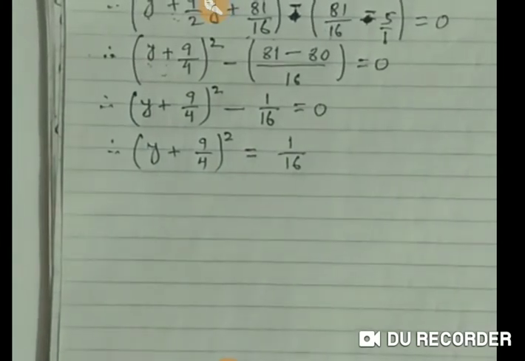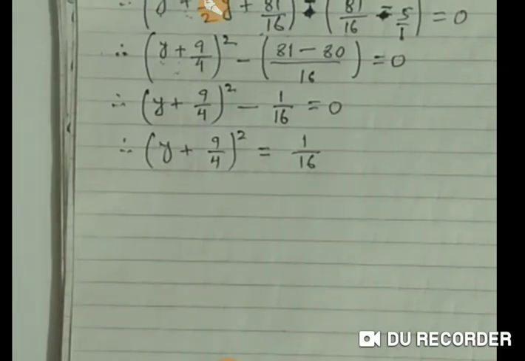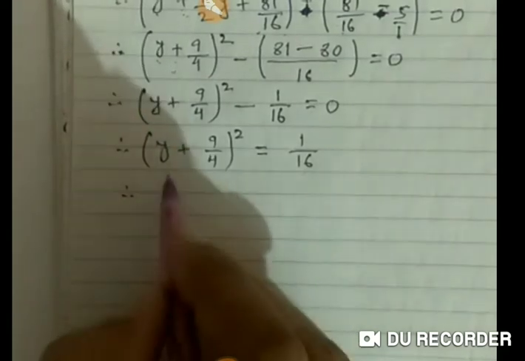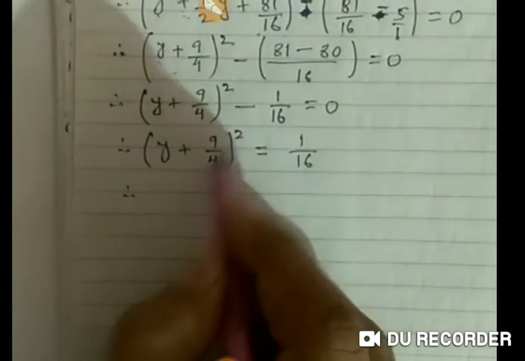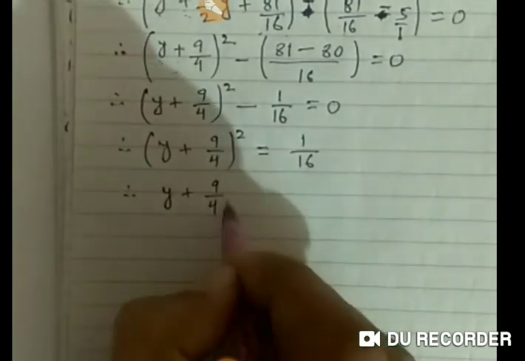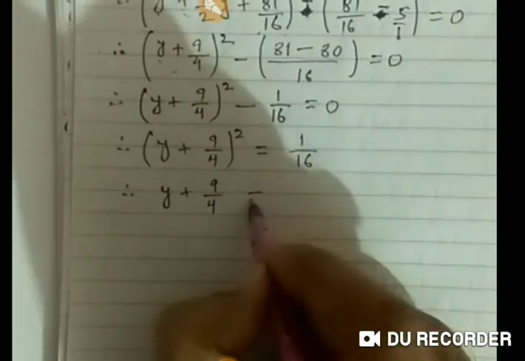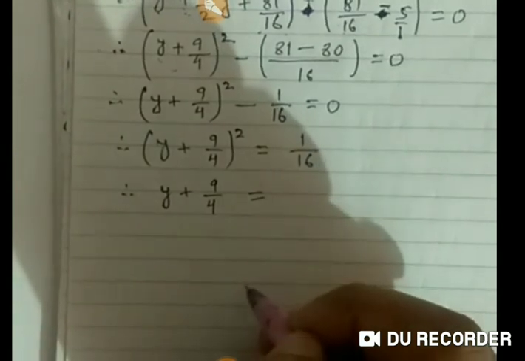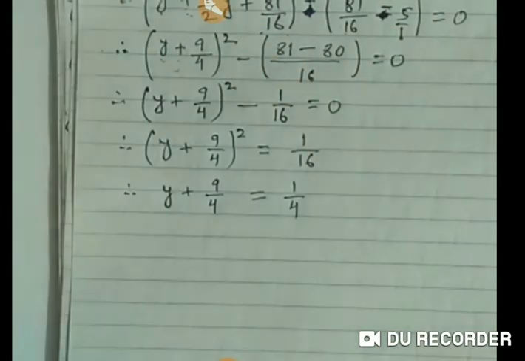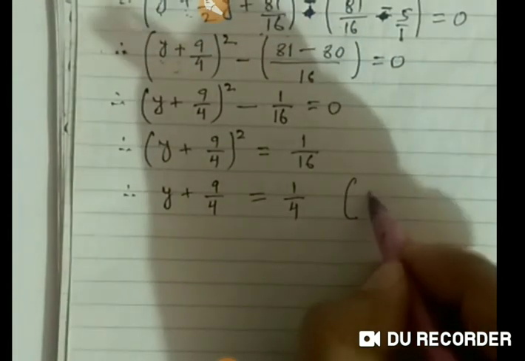So here we're going to take the square root of both sides. So y plus 9 by 4 is the square root of the left side, equals to the square root of 1 upon 16. What is the square root of 1 by 16? 1 by 4. Very good.